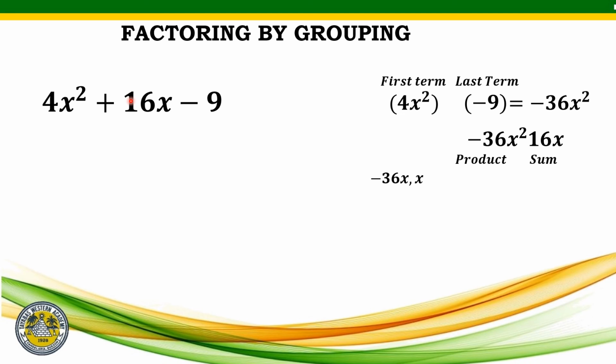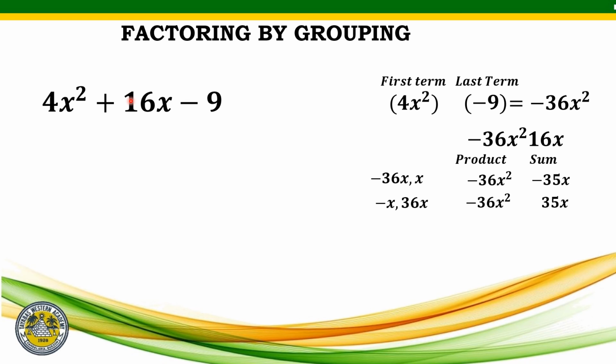So, ito ang mga possible factors, negative 36x and x. Ang product ay negative 36x squared. Kapag pinag-add, negative 35x. Next is negative x and 36x. Pinagpalit lang yung sign. The product is negative 36x squared.